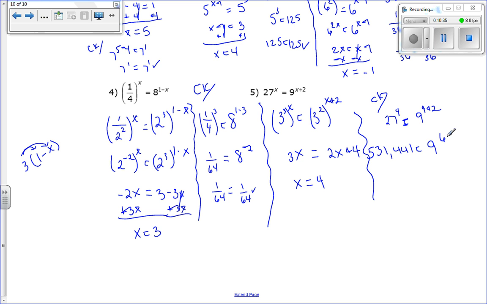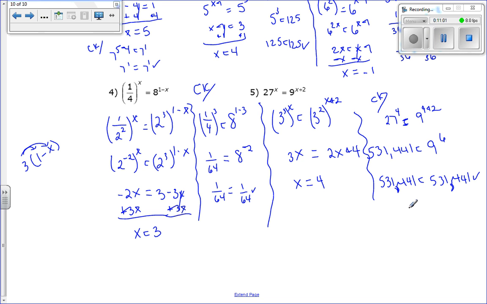So, again, on the calculator, raise 9 to the 6th power. And thankfully, after we do that, that's supposed to be a comma. Right there, we end up with the same number. So that checks.